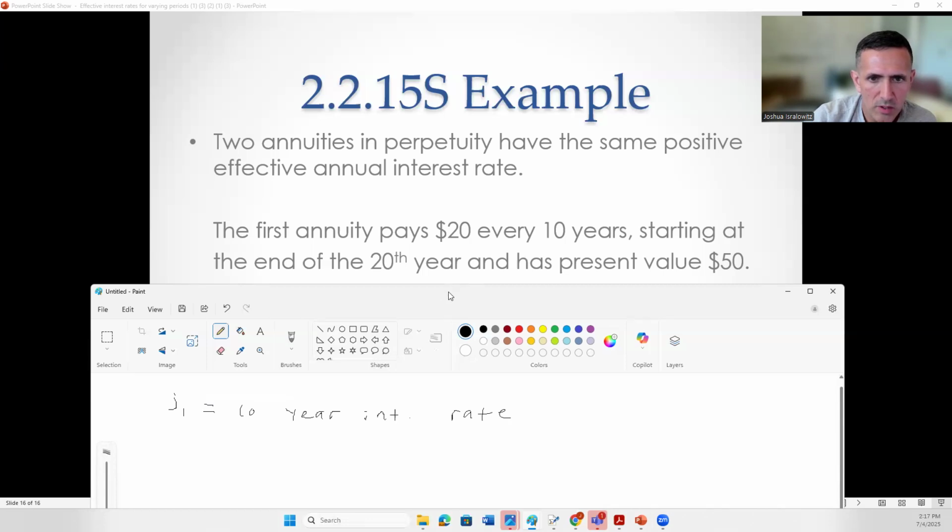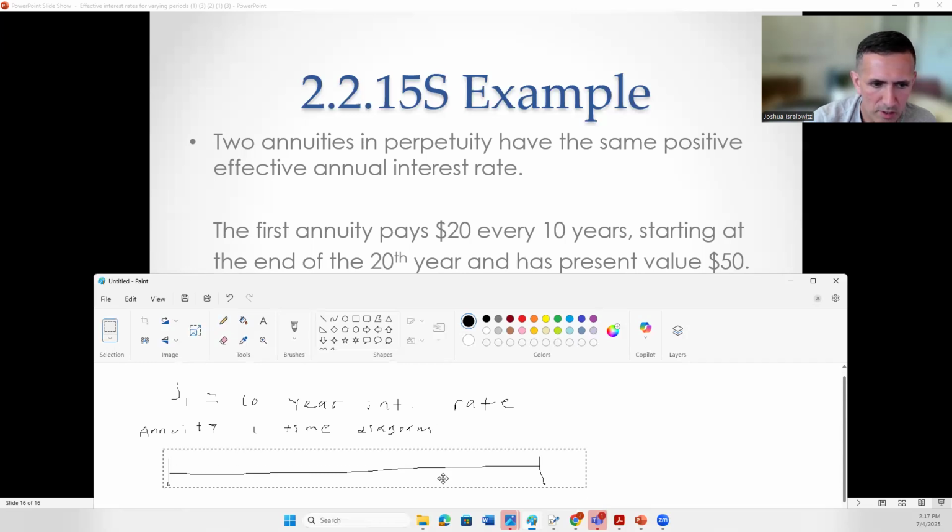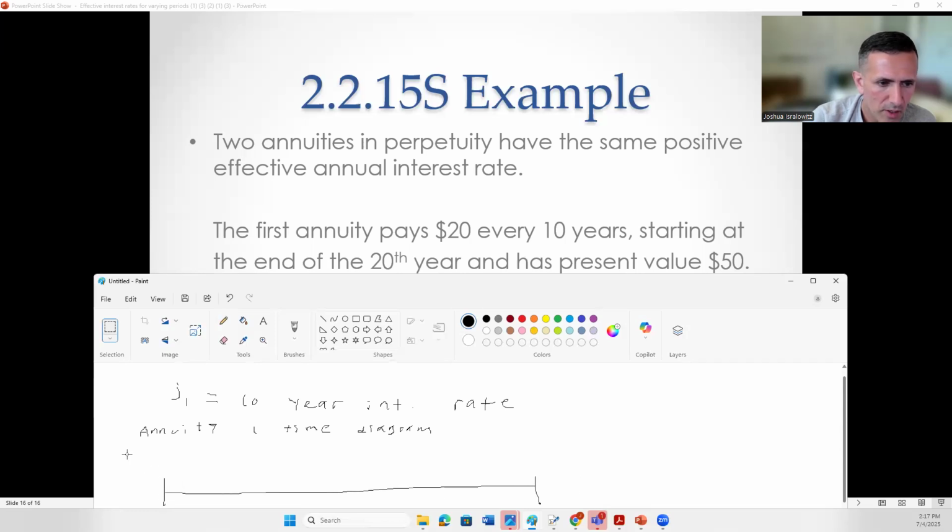All right, so let's do my annuity one time diagram. Okay, so it's every 10 years, starting at the end of the 20th year.